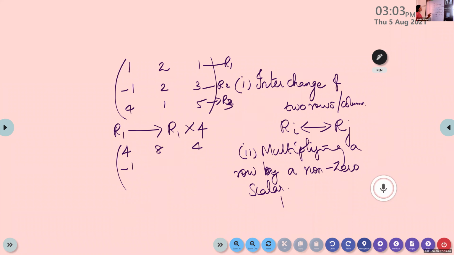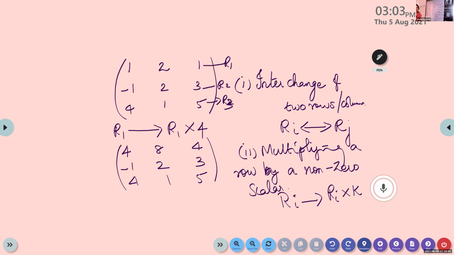Second row, no change. Third row, no change. Is it clear? How can we denote this? Ri gets Ri into k, where k is a scalar. We can multiply a row throughout by a non-zero scalar number.